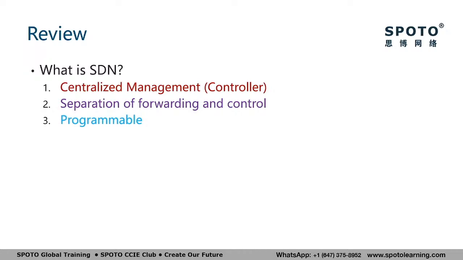SDN also lets you design, build, and manage networks, separating the control and forwarding planes. As a result, the control plane is directly programmable and abstracts the underlying infrastructure for applications and network services.